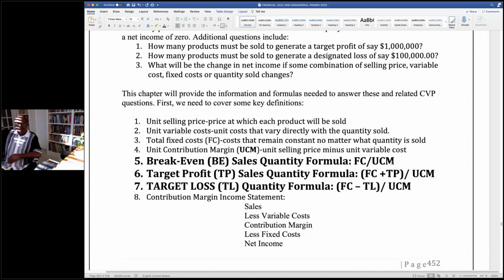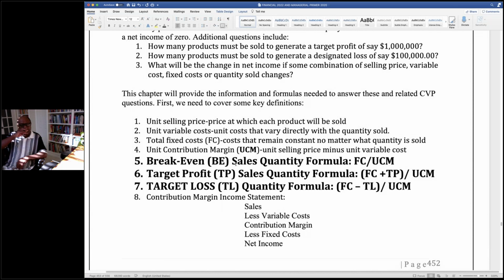So when you're trying to get a quantity to break even where the profit is going to be 0, this is the formula to use. If you're trying to see the quantity to get to a certain profit level, then the fixed cost plus the target profit is divided by the unit contribution margin. And if it's a loss, we're going to take the fixed cost and subtract the target loss and divide it by the unit contribution margin.